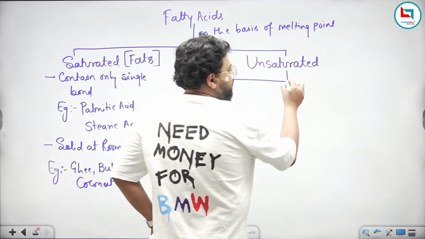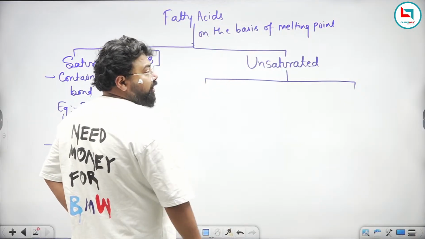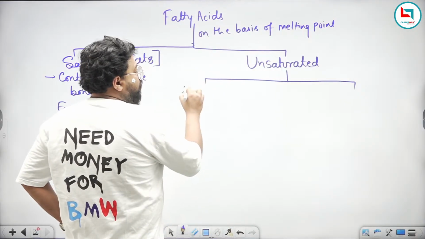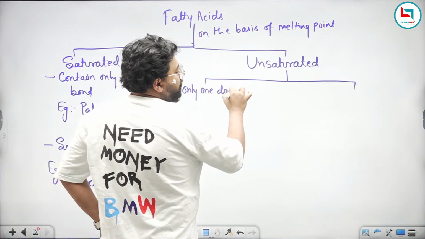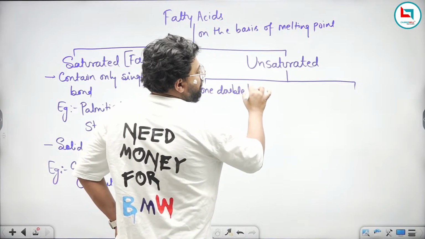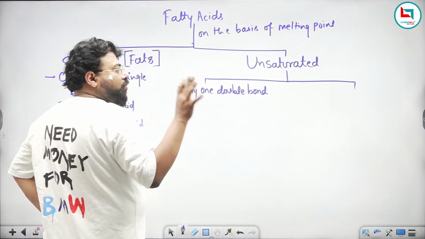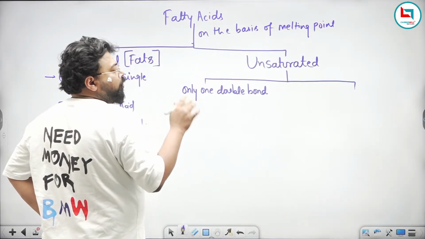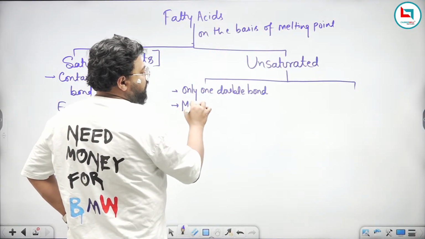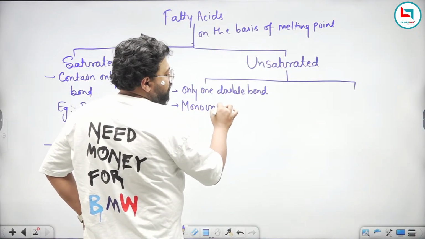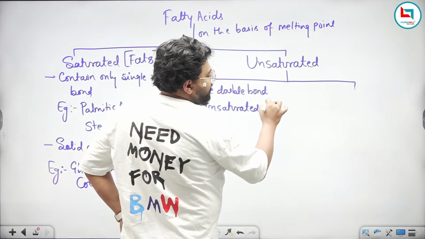If these unsaturated fatty acids contain only one double bond, then these are known as monounsaturated fatty acids.